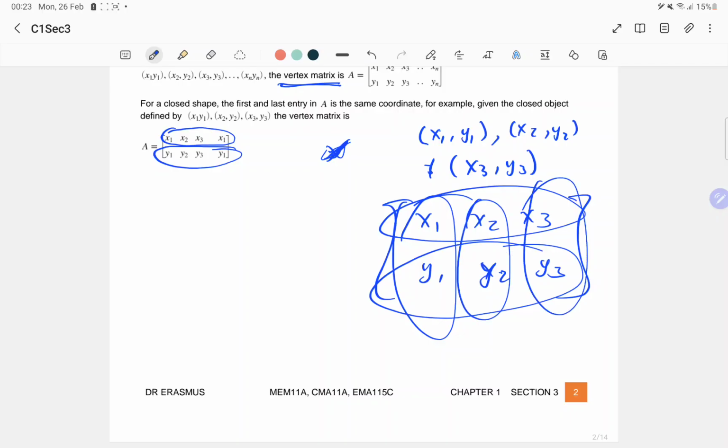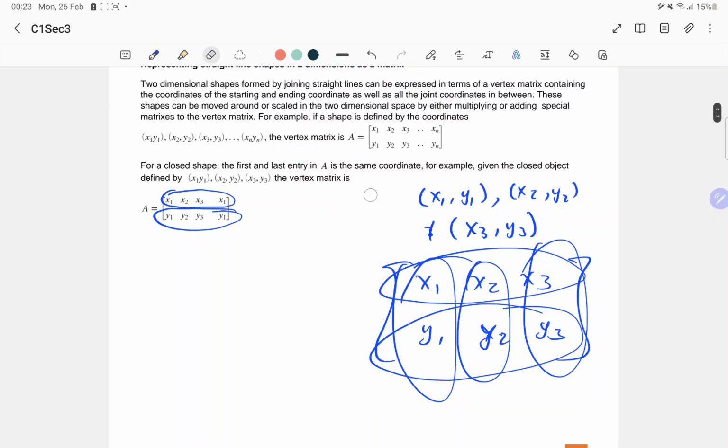So each column represents the coordinates of one vertex, with the first row representing the x coordinates and the second row representing the y coordinates. This representation is intuitive and convenient for certain operations, such as performing transformations on the vertices of the shape using matrix multiplication.